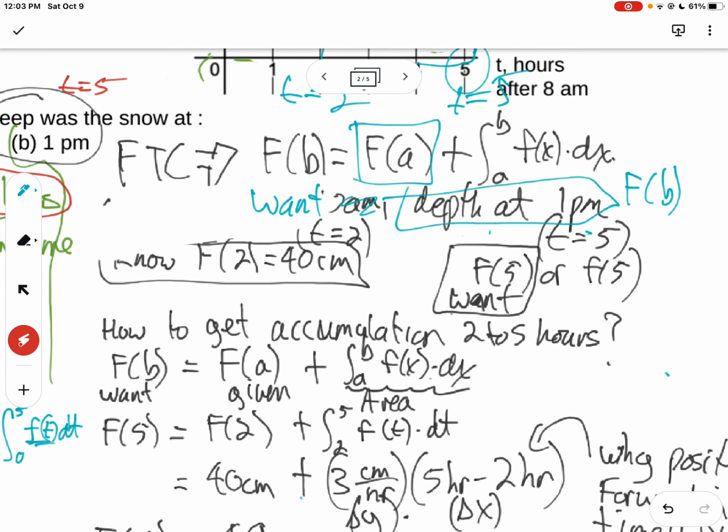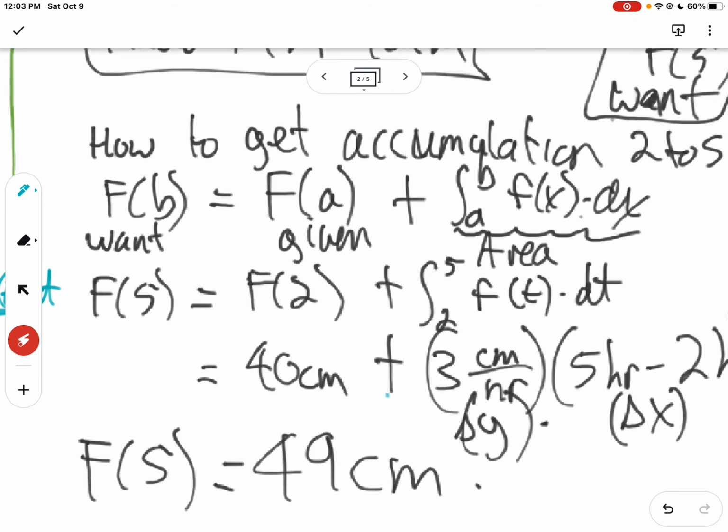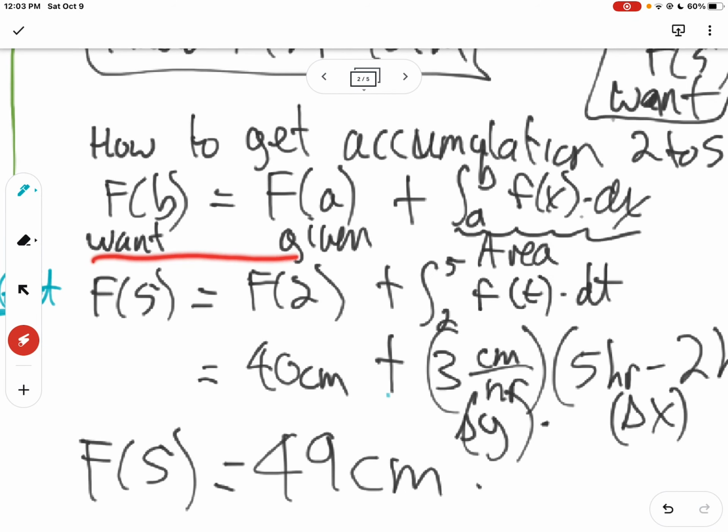Okay, so here we go. Here is our formula. This is the fundamental theorem of calculus right here. It's where we connect areas, rates and original functions through area. Okay, so I'm given this always, and this I need to be able to calculate.